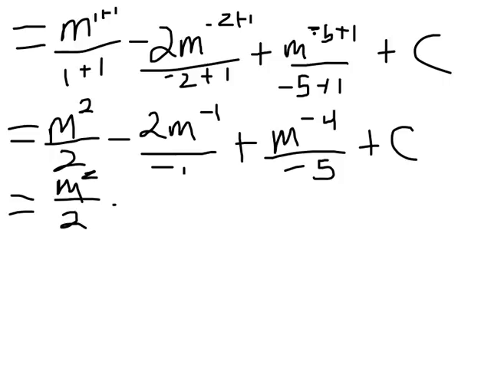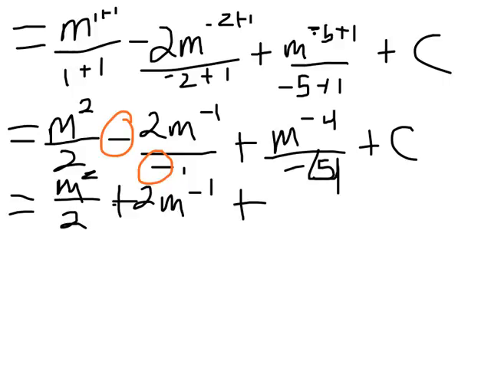Now we have a negative and a negative, which makes a positive. So we get positive 2m to the negative 1, and because this is negative 4, we then get plus m to the negative 4th over 4 plus c. This is our final answer.